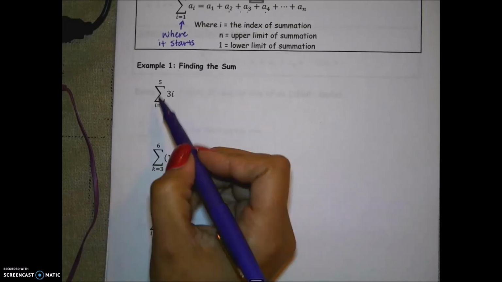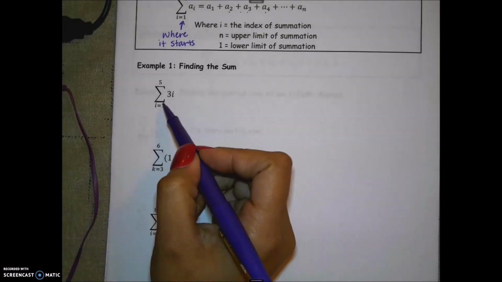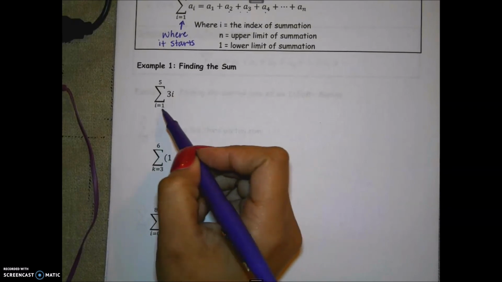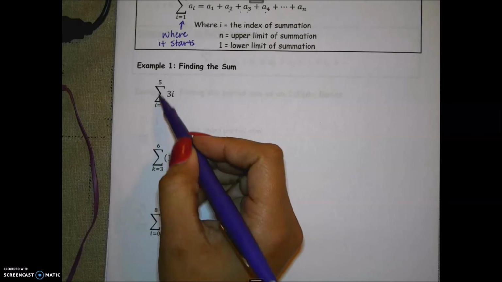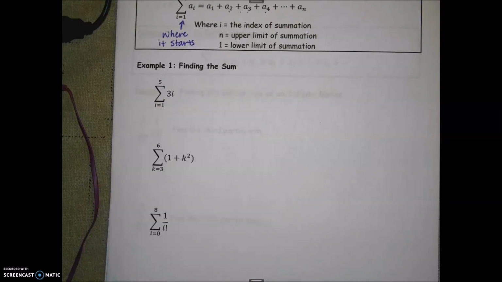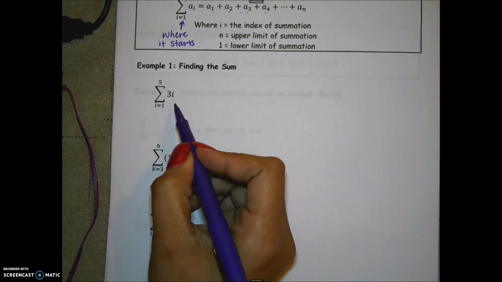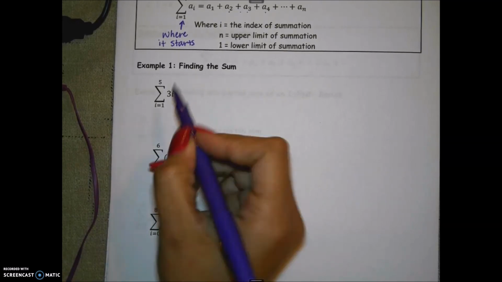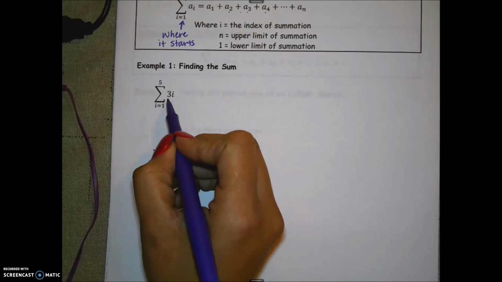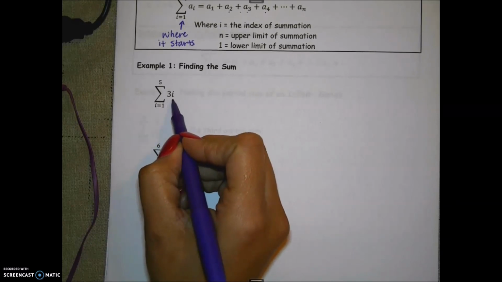So in this instance, this summation symbol is telling me to find the first term to the 5th term. So I'm looking for term number 1, term number 2, term number 3, term number 4, and term number 5, and I want to add them together. How do I get those terms? It's telling me to multiply 3 times the number of the term.